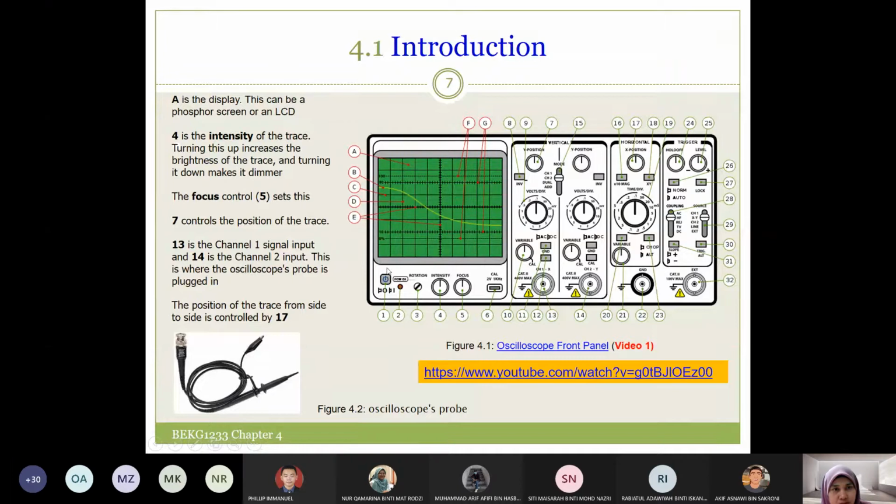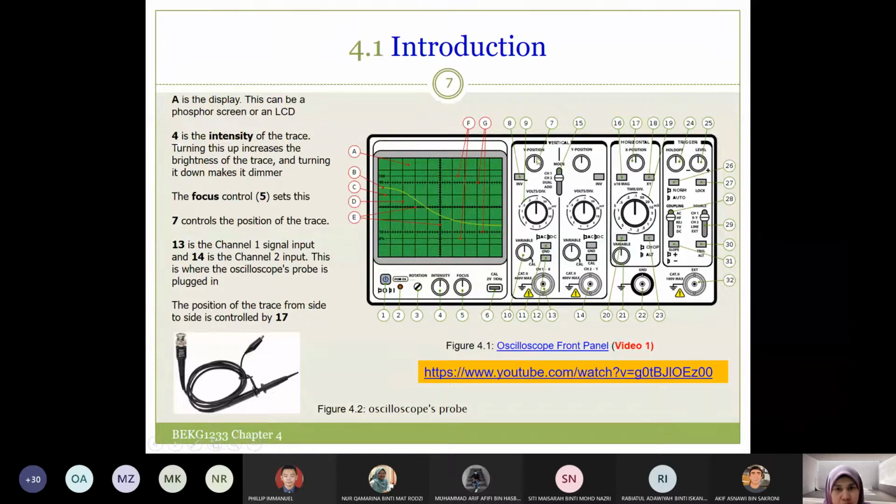4 is the intensity of the trace. Okay, so when we turn this up it increases the brightness of the trace, and turning it down makes it dimmer. So we can adjust this knob to make it brighter or dimmer. The focus control 5 sets this. Number 5, to focus the signal, okay, make it clearer. 7 controls the position of the trace.